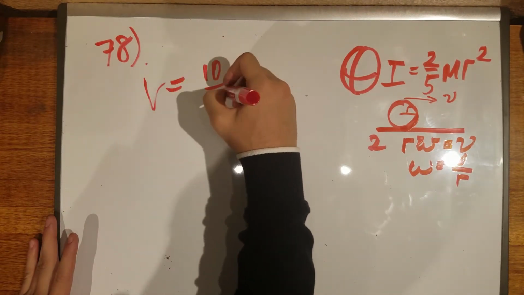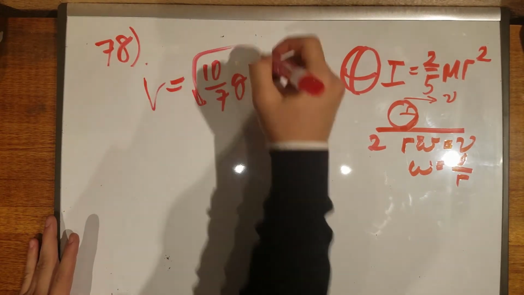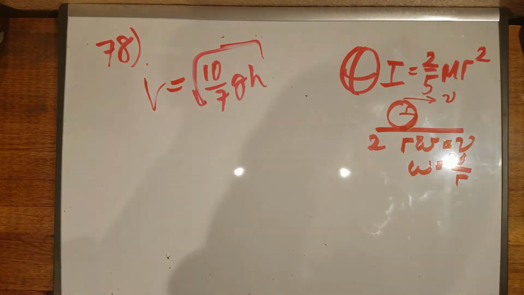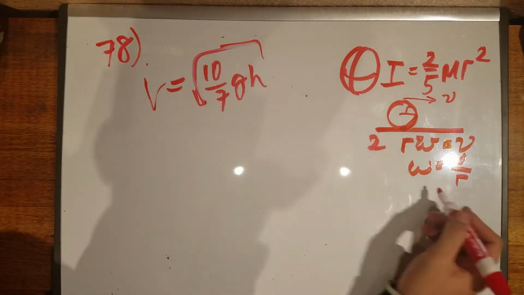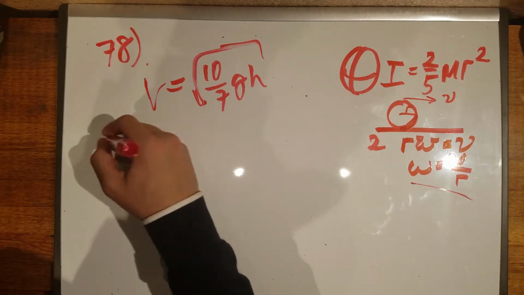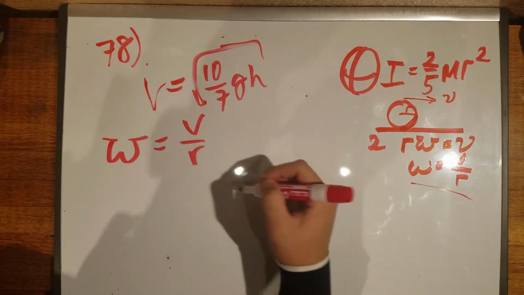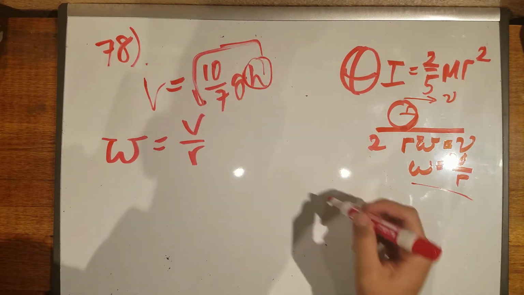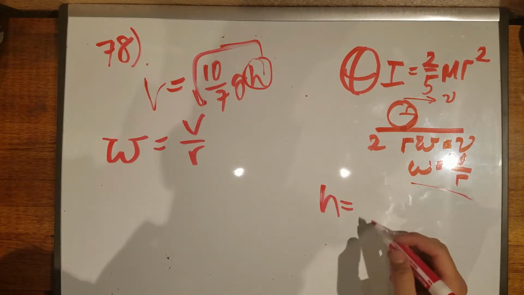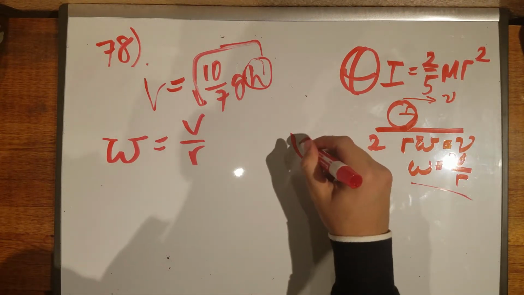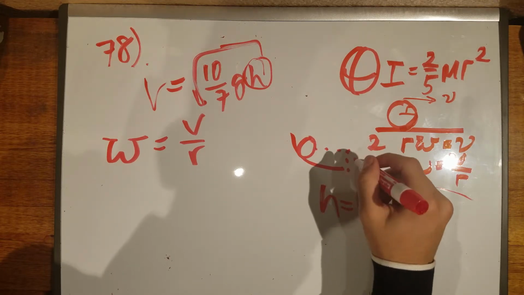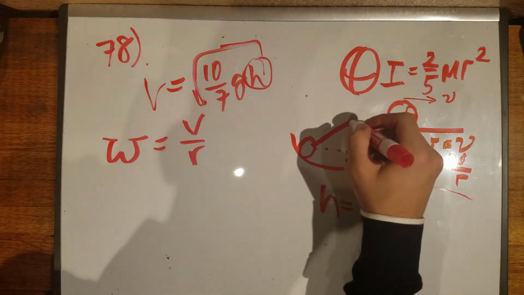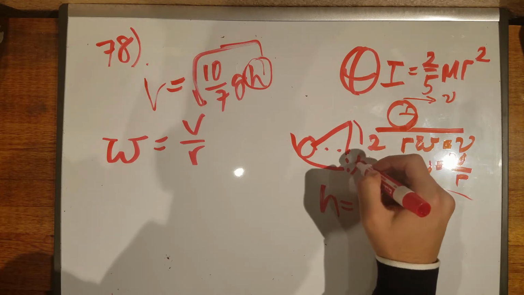Alright, so v is equal to the square root of 10/7 gh, and we want omega at the bottom, and as we already know, omega is equal to v over r. We also need to simplify h, because we want it in terms of the angle at which the ball starts, defined in the problem as theta.